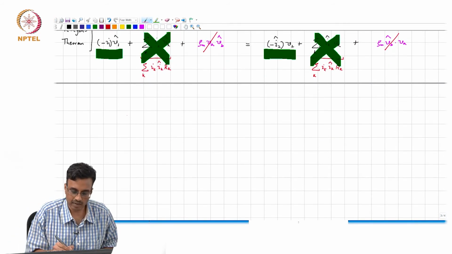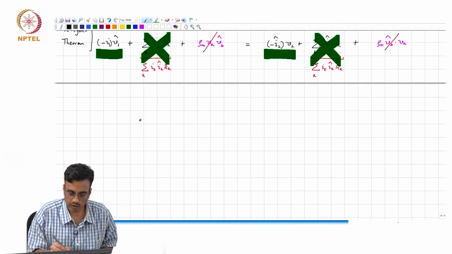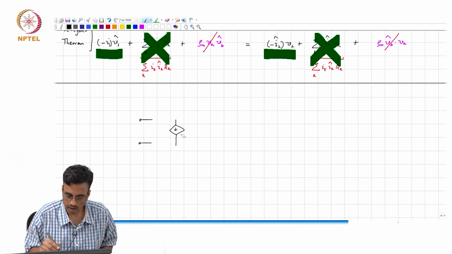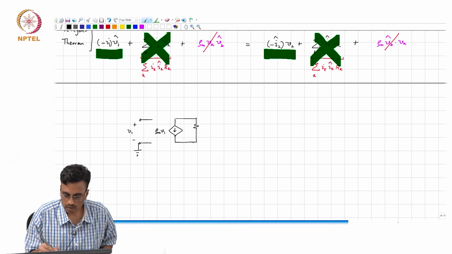So here let me take a quick example. The most trivial example is of course just one controlled source. Let's say this is our... so this is Gm V1 and this is R. So what is V2?